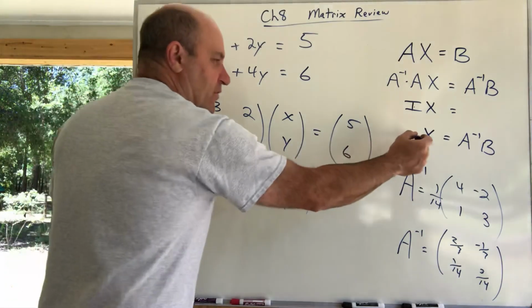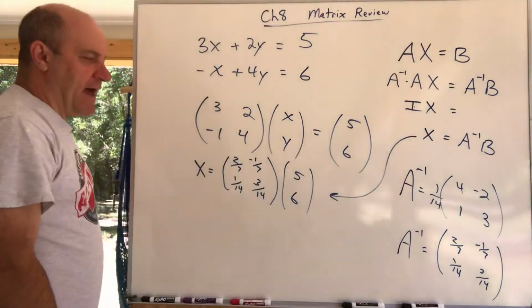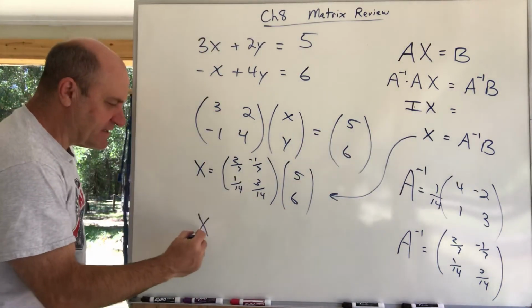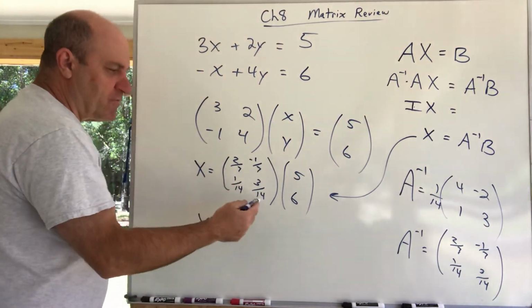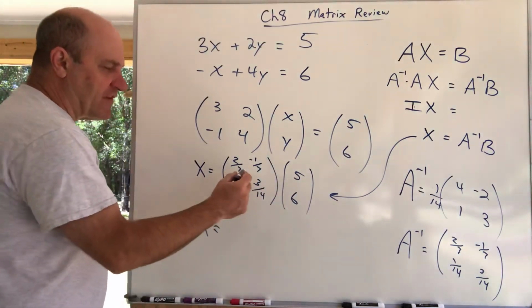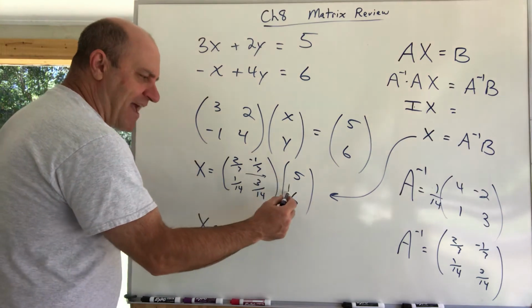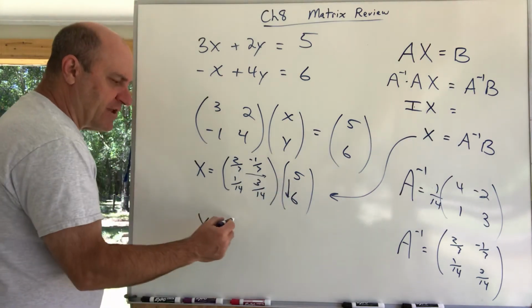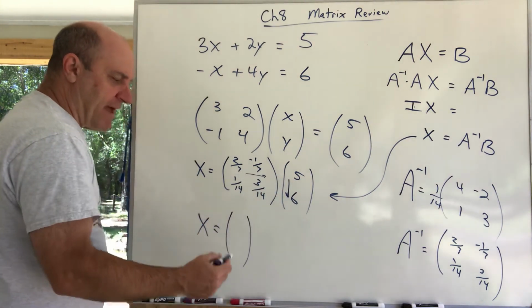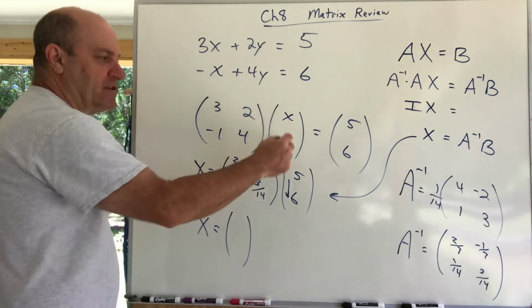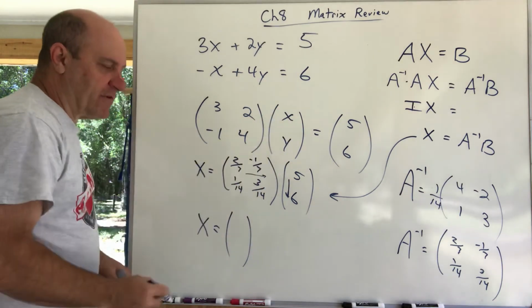So I'm doing what this told me to do. I'm multiplying a 2 by 2 by a little 2 by 1. I take that row, multiply it by that column, and put that answer in the first spot. My answer is going to be an x and a y, this variable matrix x.